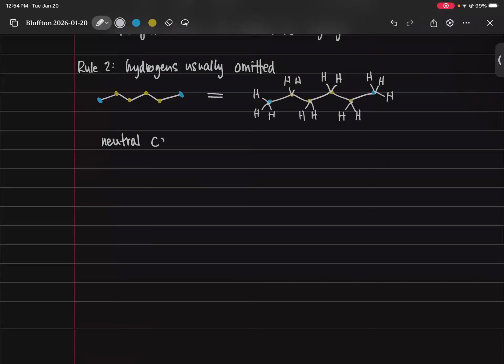So neutral carbon, we call it tetravalent, tetra 4. So it makes 4 bonds.